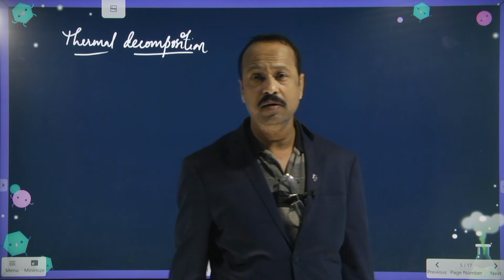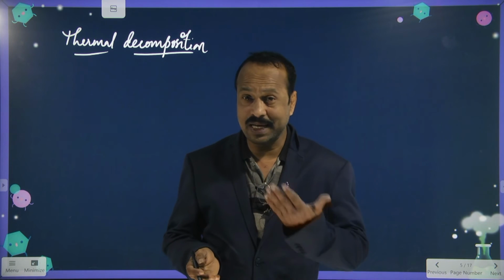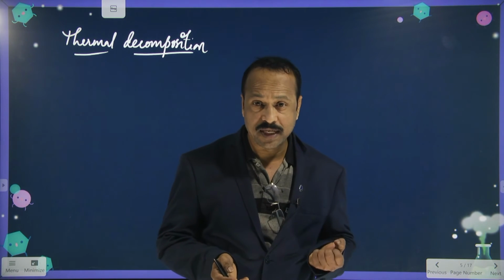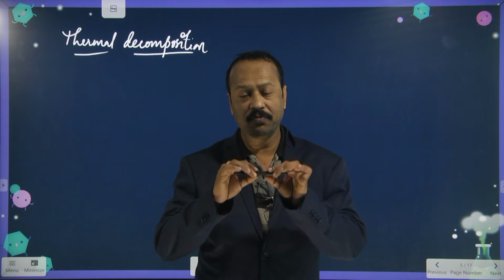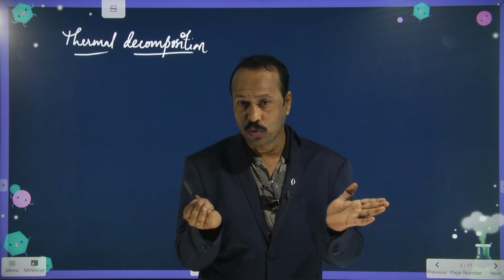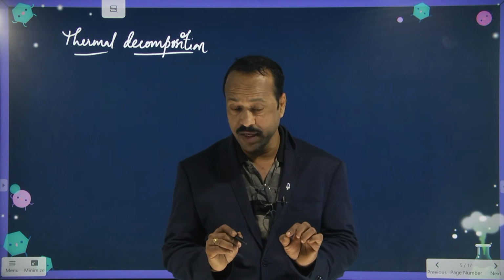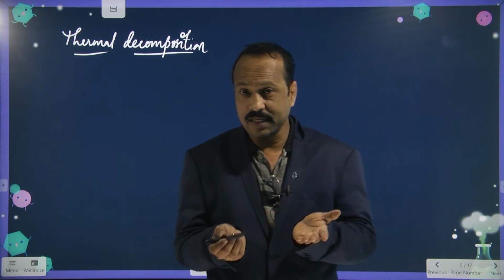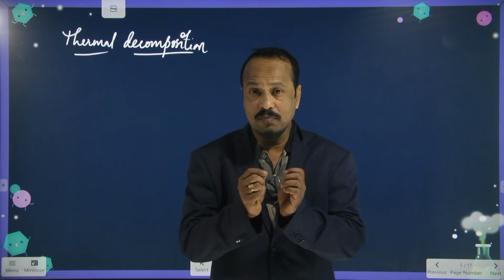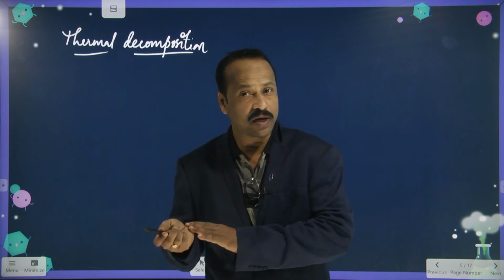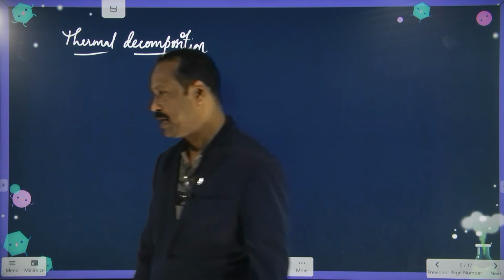If a decomposition reaction takes place by passing heat, or by absorbing heat, and one reactant splits into two or more products, that is called thermal decomposition. Is this clear to you? Thermal means heat. If one reactant decomposes, meaning splits into two or more products, then that is called thermal decomposition.